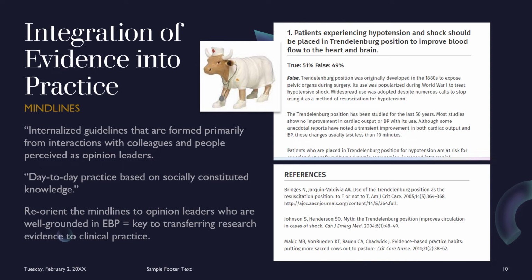And yet here we have the evidence, and it's been studied for the last 50 years. It was a surprise to me even. At the bottom of this, they provide the references, the studies that they base this off of.